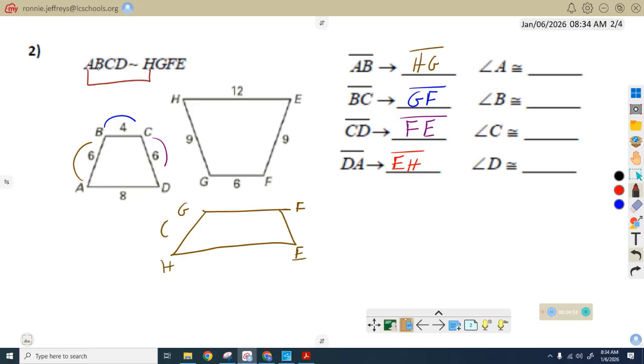You can either go from the similarity statement right here, or how it looks on the thing.